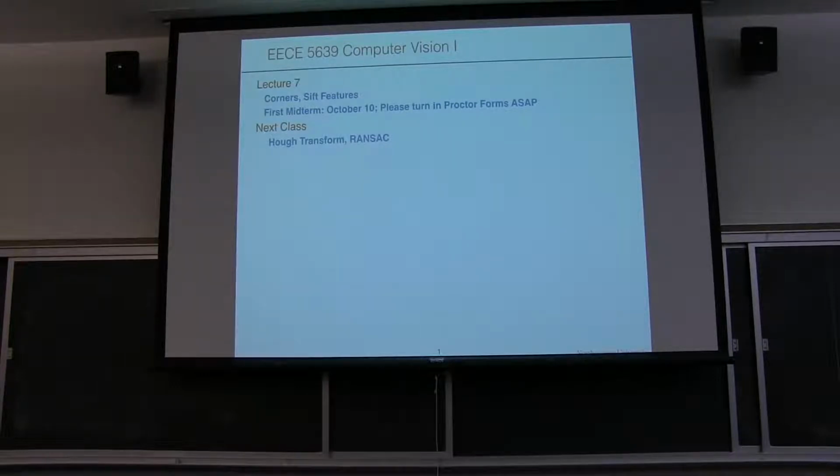SIFT is a nice feature, it's very popular, especially until deep learning. After deep learning it's less used, but it's a very useful feature because it doesn't depend on the viewpoint or the size of the image. We're going to talk about that today, and then we're going to revisit the SIFT feature later when we talk about stereo and how to do matching.